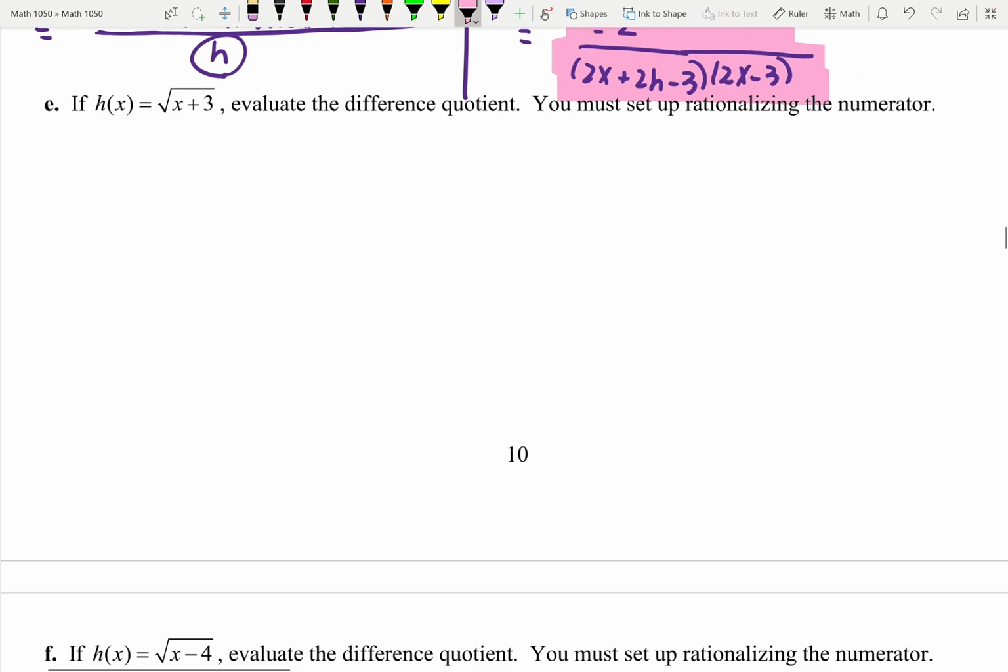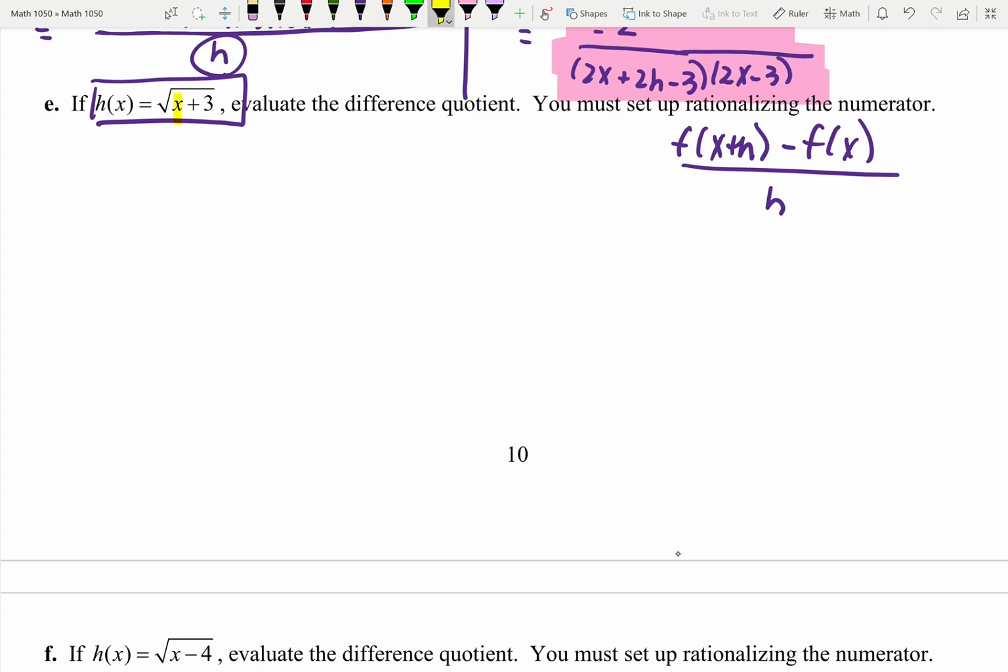Evaluate the difference quotient. You must set up rationalizing the numerator. Okay, so this is a little bit tough too. So look, f of x plus h minus f of x divided by h. It's tough, but it's not as tough as it used to be. Okay, so f of x plus h means go right here where you see an x, put in x plus h.